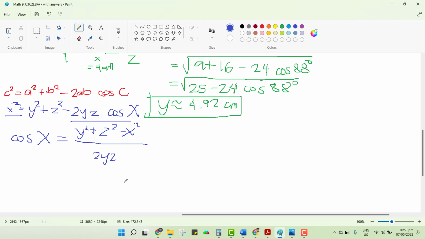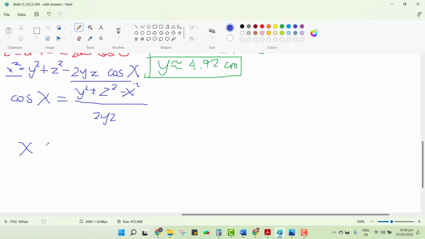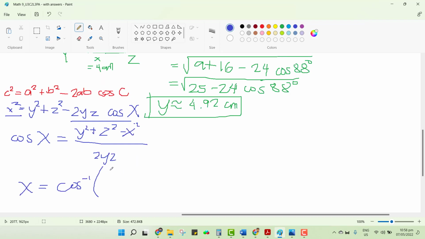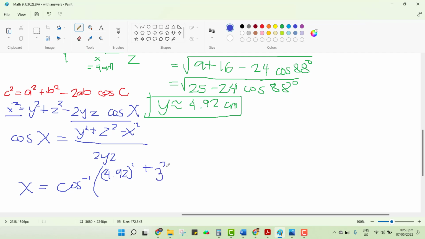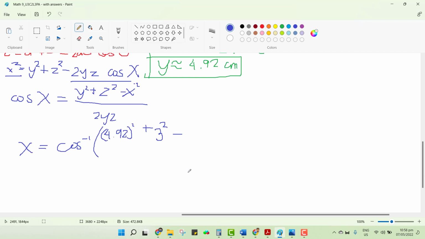And then you can simply use the inverse cosine, or the arc cosine, and substitute the values: 4.92 squared plus z, which is 3 centimeters. We could drop the unit as of the moment; we'll have it returned later. 2 times y, which is 4.92, times z, which is 3.